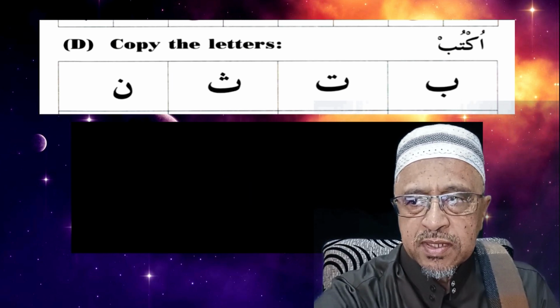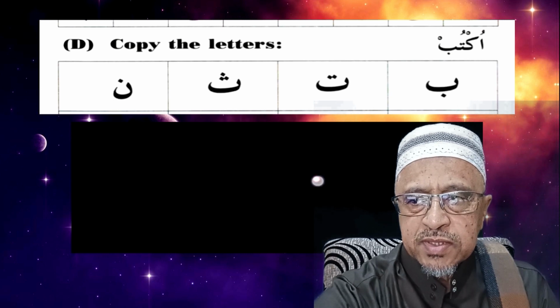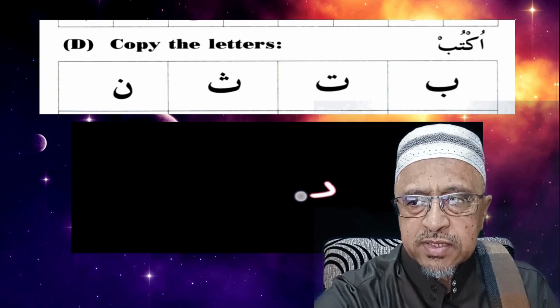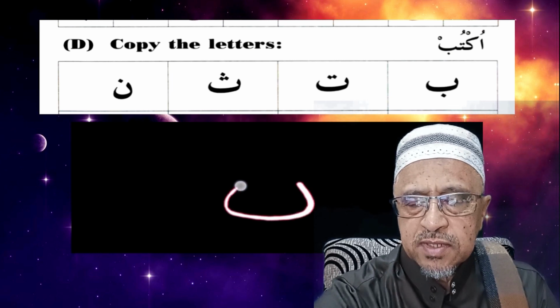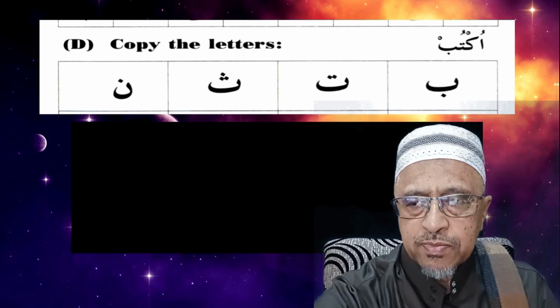Next letter, same shape with a T. And then the third letter is also the exact same shape with 3 dots on top.